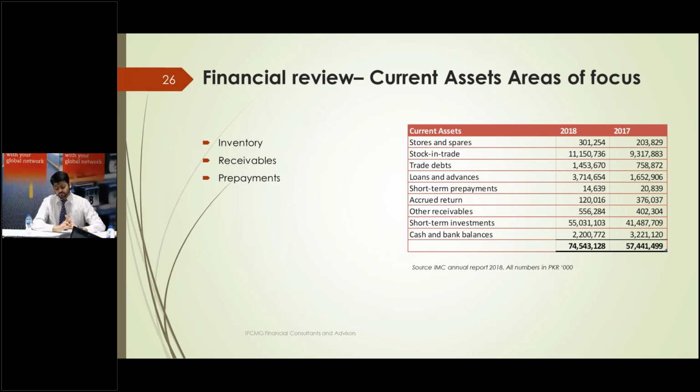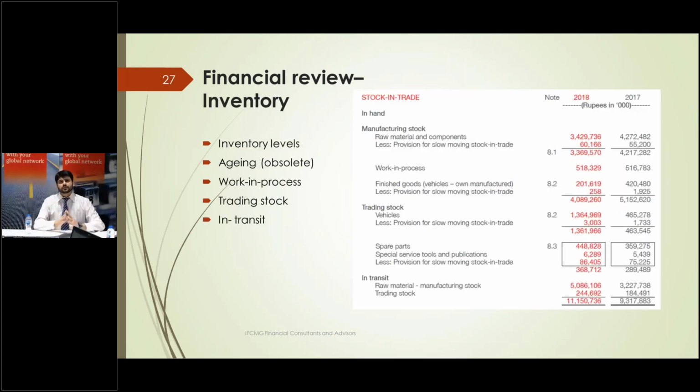So inventory, things that we need to consider, factors in inventory. This is a more detailed breakup of the 11 billion. So you can see we have raw material. We need to consider inventory levels as discussed previously, the economic order quantity, what is the ideal level of stock that a company should hold. As you can see, at each point there is a provision for slow moving stock.